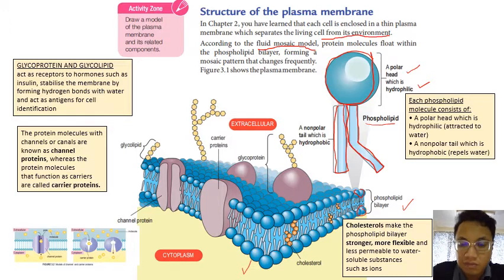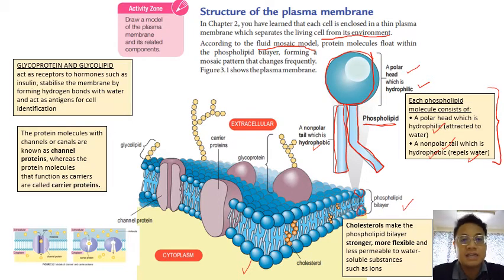This non-polar tail is hydrophobic, or repels water, as the explanation shows in this yellow box. A polar head which is attracted to water, the hydrophilic head. A non-polar tail which repels water, the hydrophobic tail. So these are the characteristics of this phospholipid.